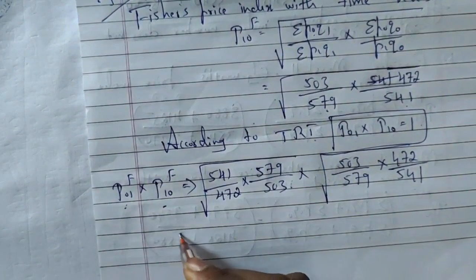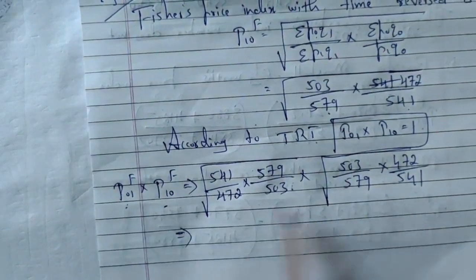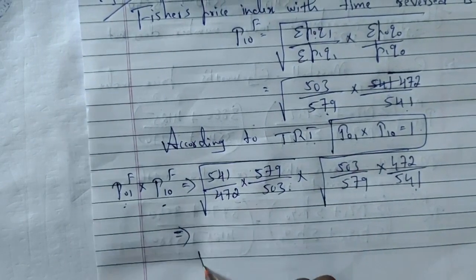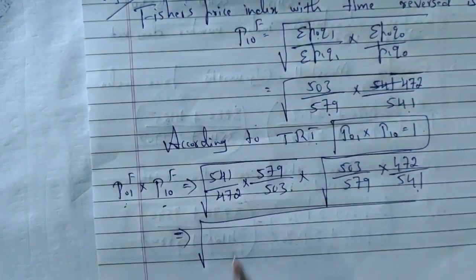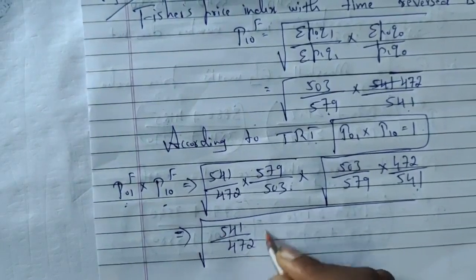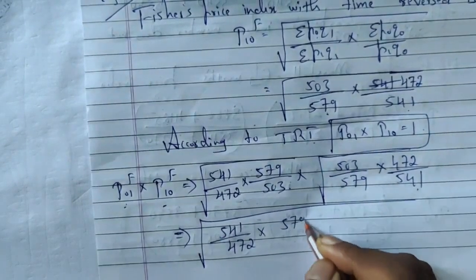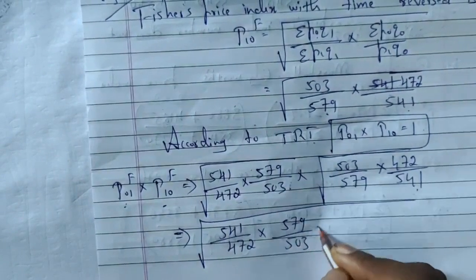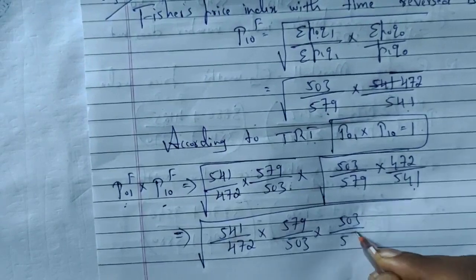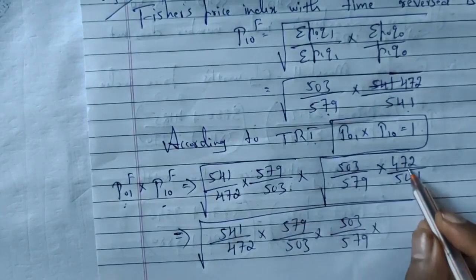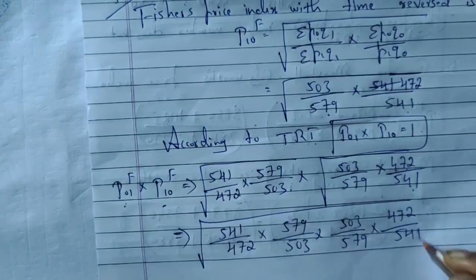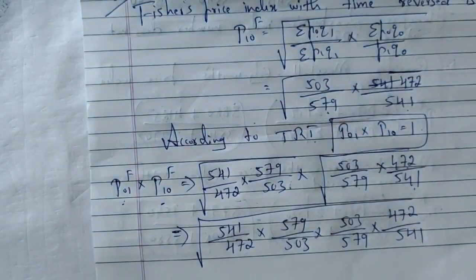Now, this can be written as: write both the values in one square root. The whole square root of 541 divided by 472 into 579 divided by 503 into 503 divided by 579 into 472 divided by 541.